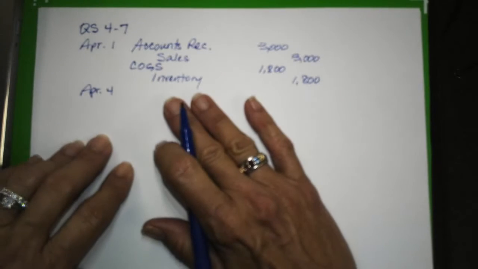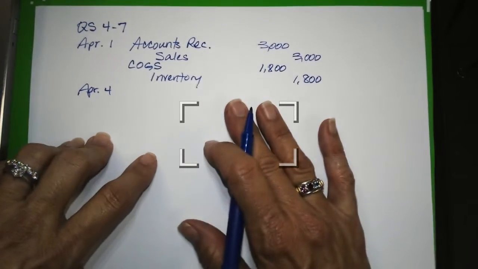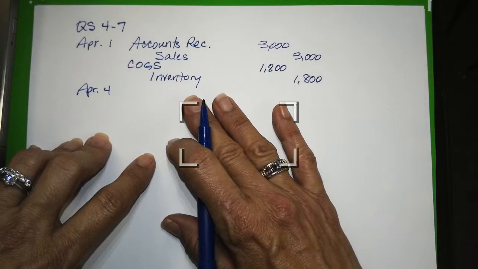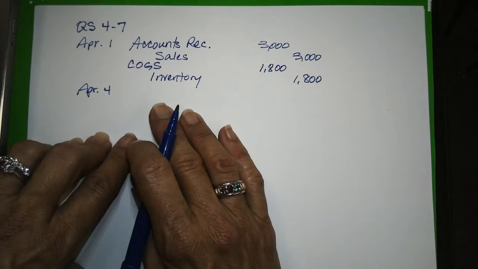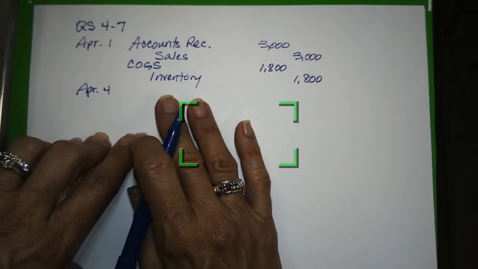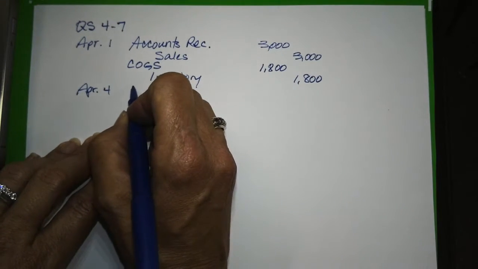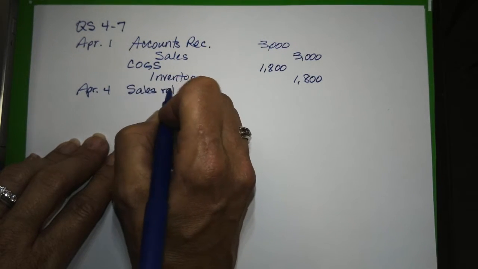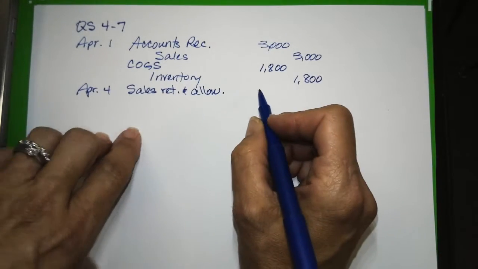See, on the sales side, we make it a lot more complicated. On the purchases side, we just took our returns back to inventory, and we took our discount to inventory. It's not that way on the sales side. On the sales side, we like to look at a lot of detail. So we are going to actually use a debit account called sales returns and allowances. Now, do you see that it has a debit balance?